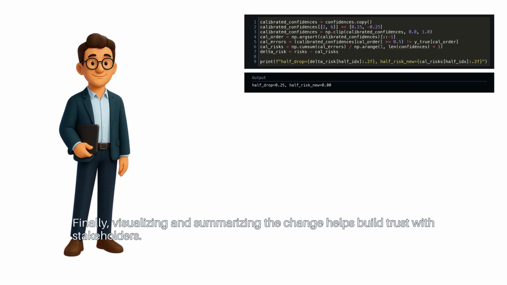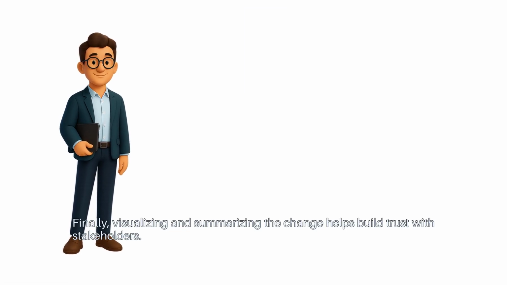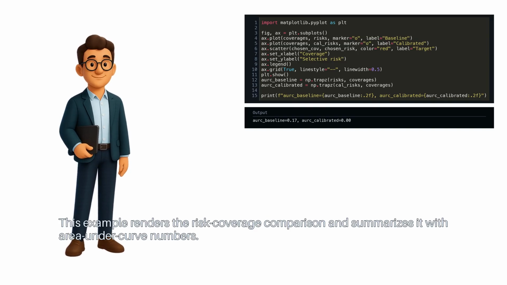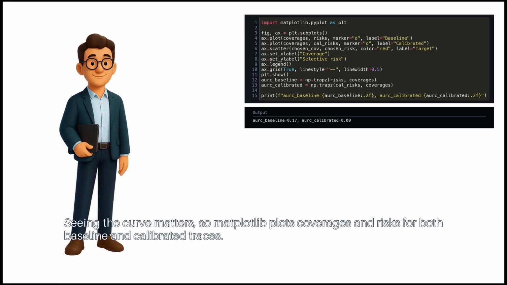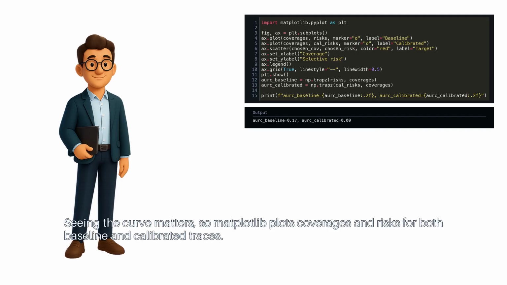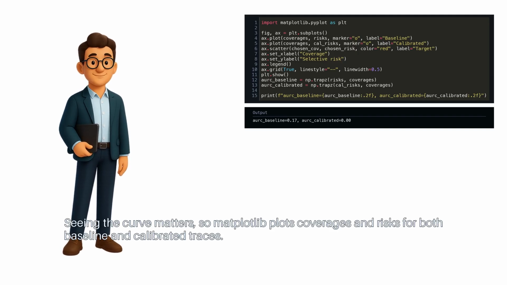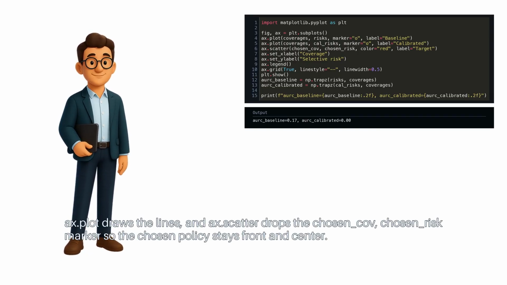Finally, visualizing and summarizing the change helps build trust with stakeholders. This example renders the risk coverage comparison and summarizes it with area under curve numbers. Seeing the curve matters, so matplotlib plots coverages and risks for both baseline and calibrated traces. ax.plot draws the lines, and ax.scatter drops the chosen risk marker so the chosen policy stays front and center.